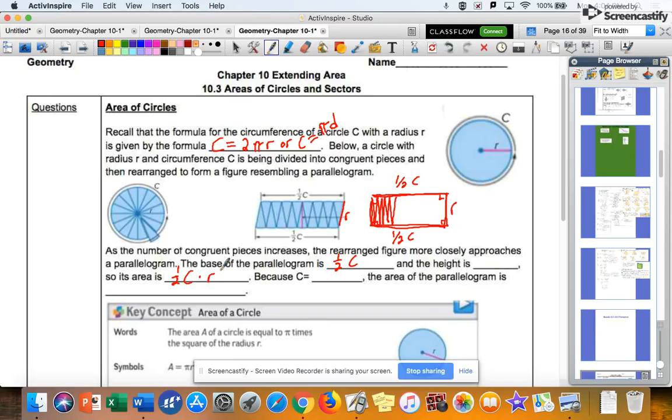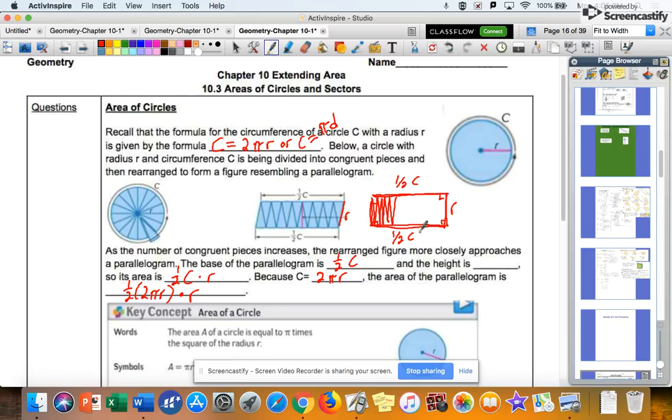Because the circumference, remember, is 2 times pi times radius, the area of the parallelogram would be half of the circumference, so half of 2 pi r, and then times the height, r.